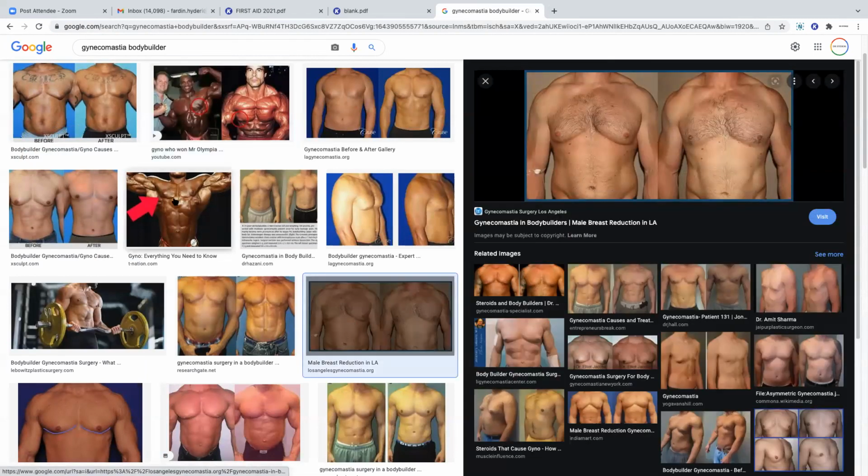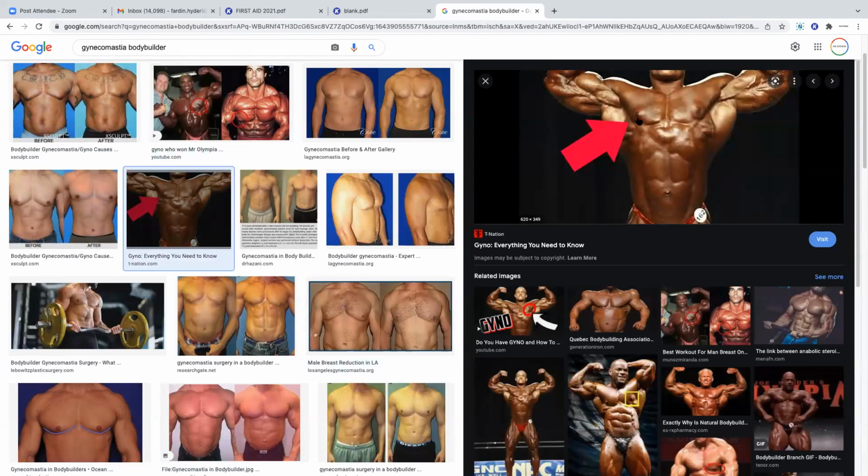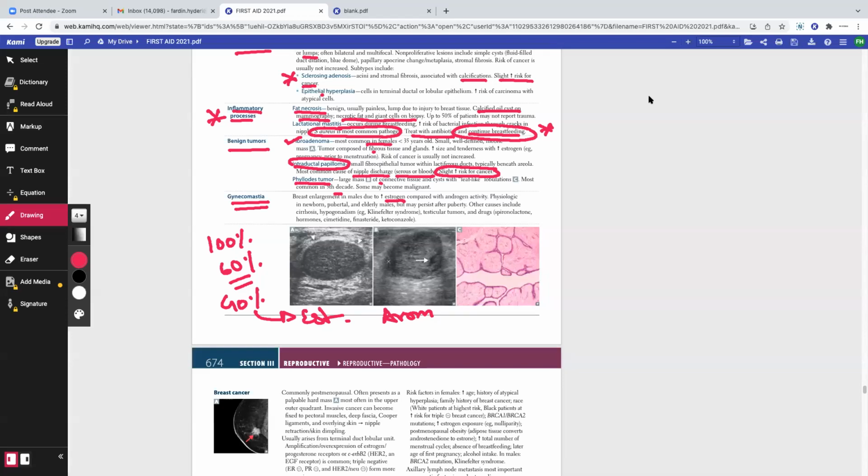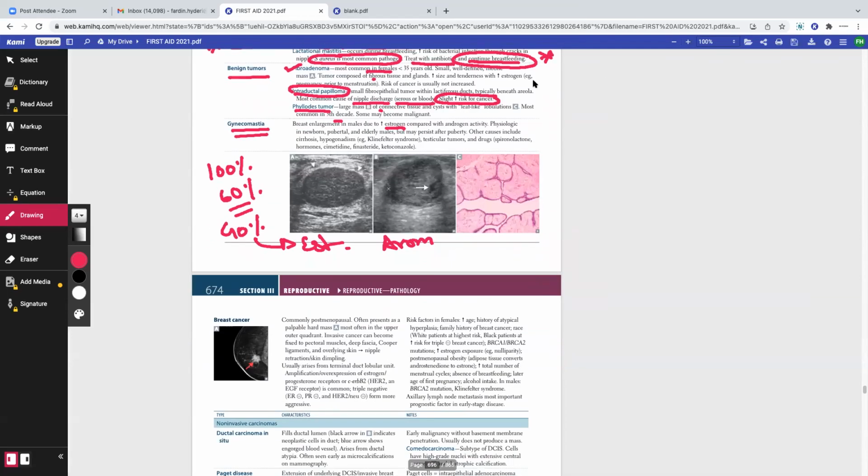This is not as evident as in a very obese male, where the gynecomastia is very evident. But if it's a male bodybuilder, then the gynecomastia is not that evident because bodybuilders have a very low fat percentage, but they still have a globular breast enlargement. Have I made myself clear?